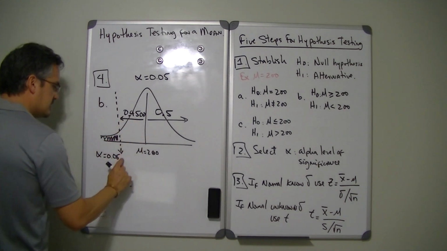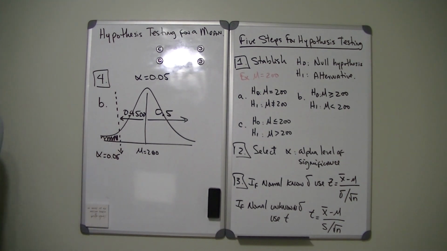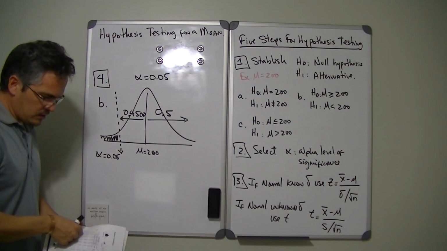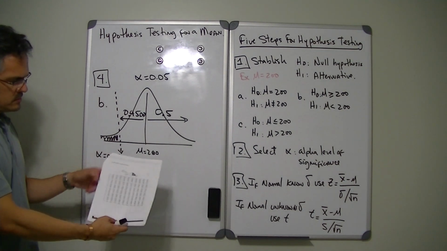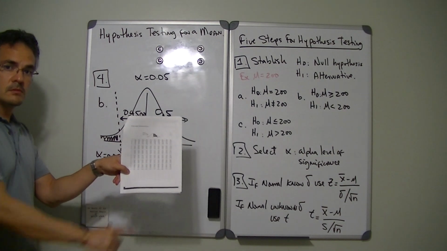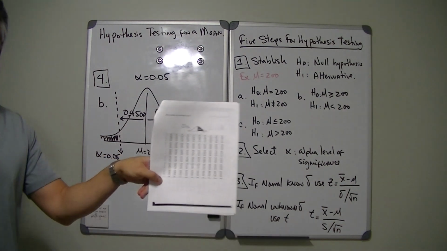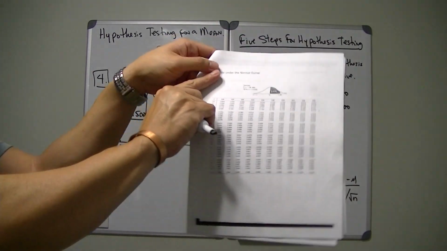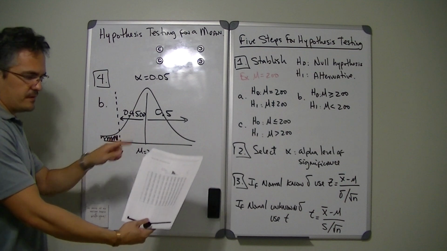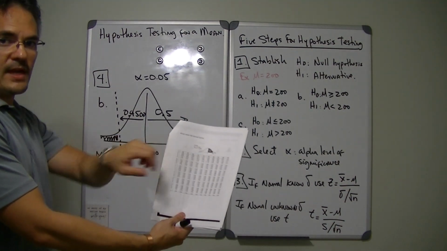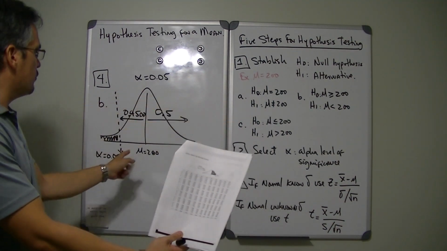Now to find this critical value here, I have to go into my normal probability distribution, z in this case, and then I have to look for that probability of 0.405 in the center, so I can grab a z number to write down here.